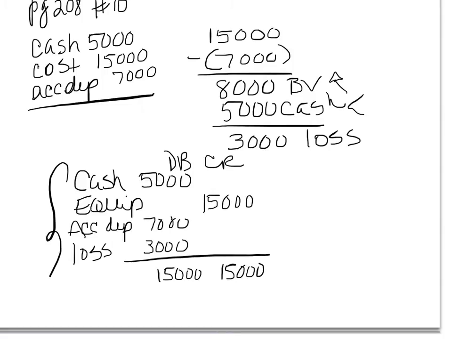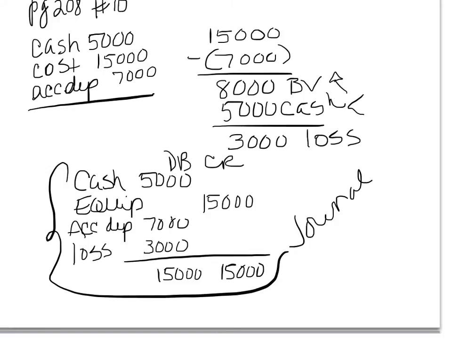So this would be the journal entry for the loss on the sale of this asset. They asked us, what would we have to sell this for to have no gain and no loss?